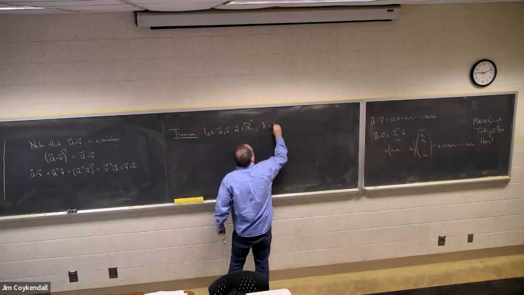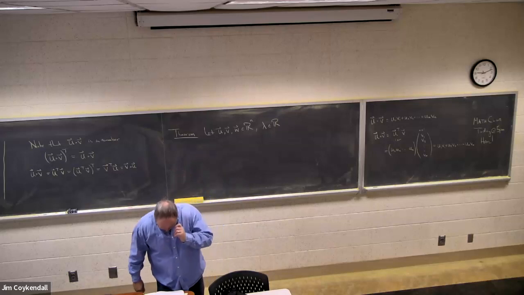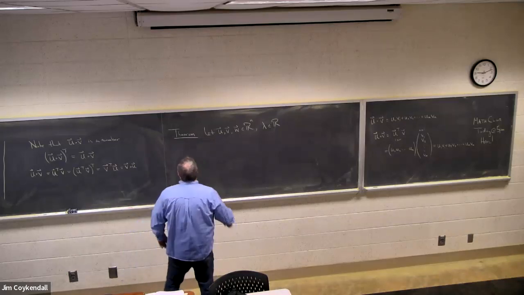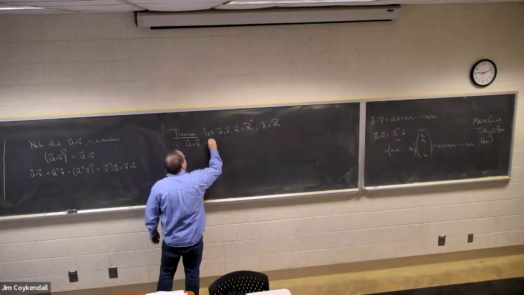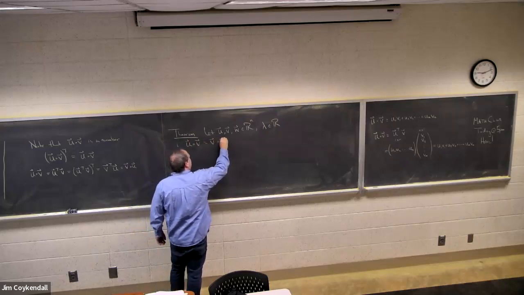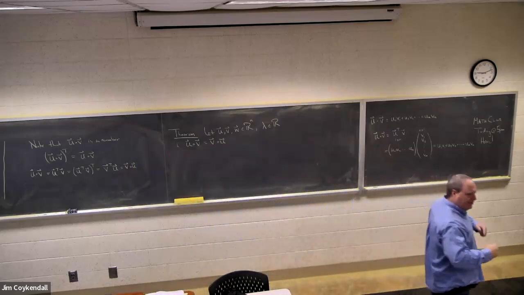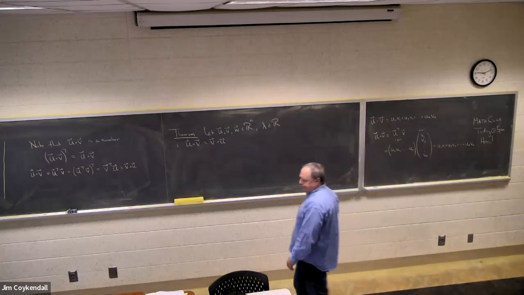Let lambda be just a number. So first property, we've already done this one: U dot V equals V dot U. You take the two vectors, you multiply their components, and it doesn't matter which order.